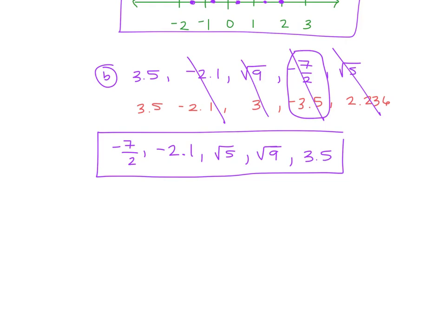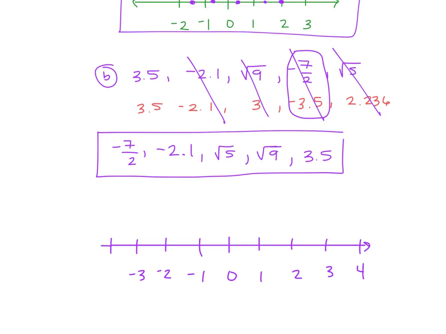So take your number line. Remember, we want to space everything out evenly. So put a 0, and then 1, 2, 3, as best you can, space it out. Negative 1, negative 2, negative 3, negative 4.